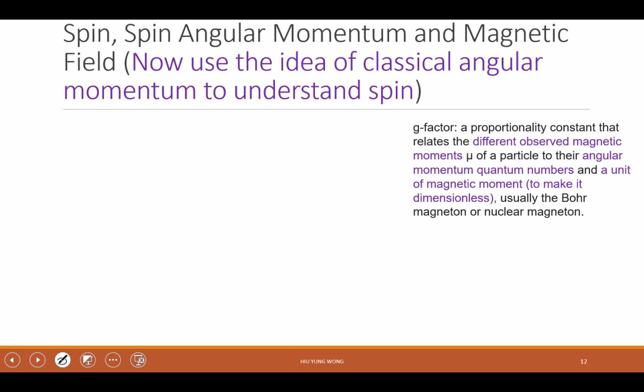It doesn't have dimension. Spin is just a characteristic of a particle, just like the charge. You say an electron has a charge of negative 1.6 times 10 to the power negative 19. That is its characteristic. Spin is also a characteristic of some elementary particles.